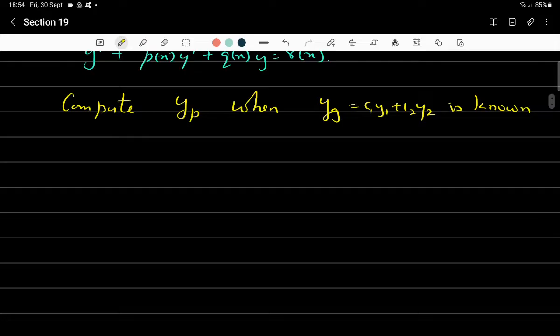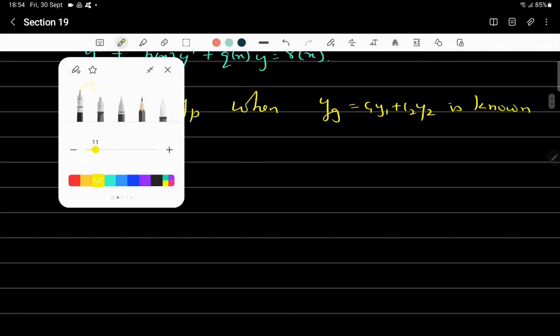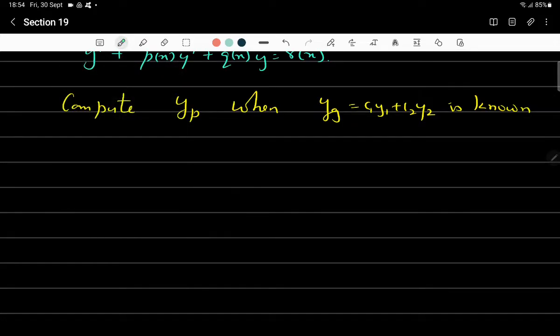We already know many techniques to compute yg, so if yg is known, we will see how to compute yp. We will use the same logic where we solved the homogeneous differential equation, where y1 is known and we have to find y2. There we used the concept that y1 and y2 are linearly independent, therefore y2 is a non-constant multiple of y1, that is y2 is equal to v of x y1.